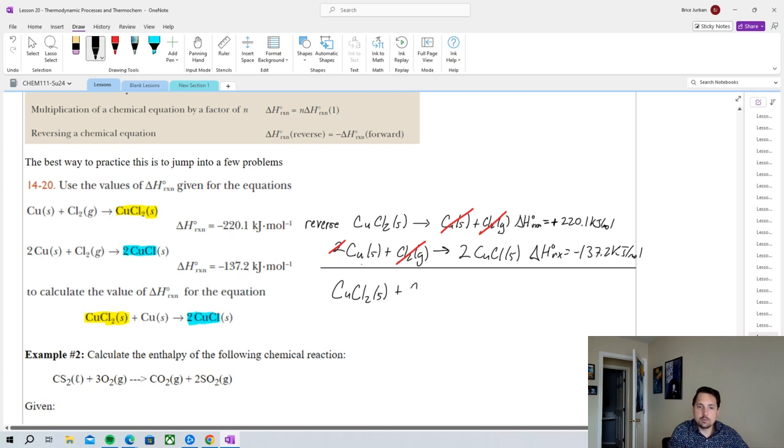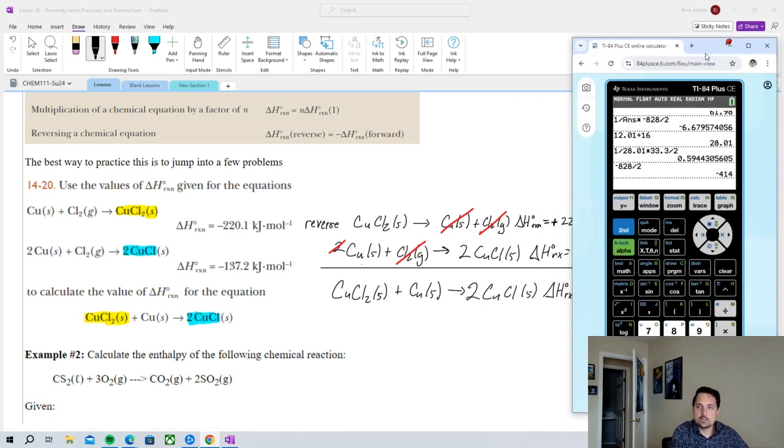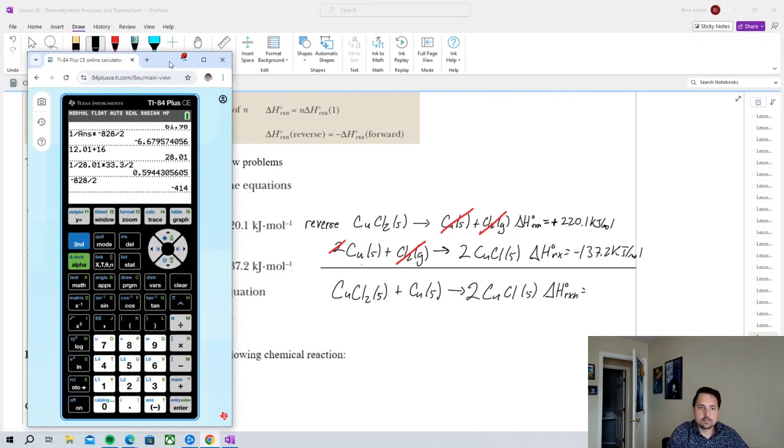This is only possible because enthalpy is a state function. We get the reaction that's required, and the delta H value of this reaction should be equal to the sum of those two, which is a positive 82.9.